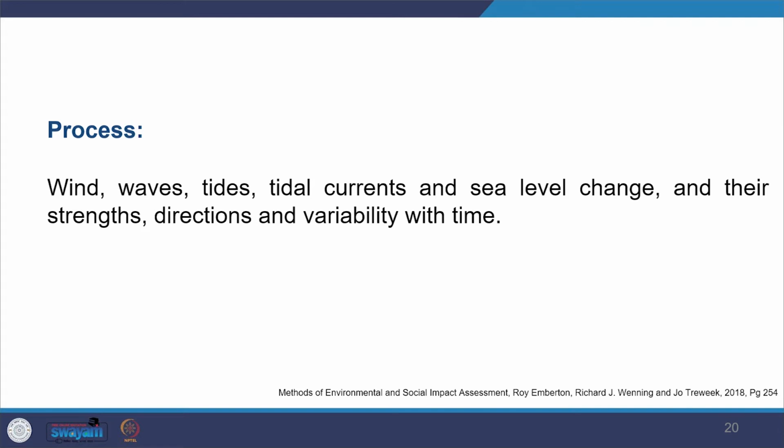You also look at the strands, in which direction they are going, and how they vary with time. So you look at all these processes. It's important when you're undertaking EIA.